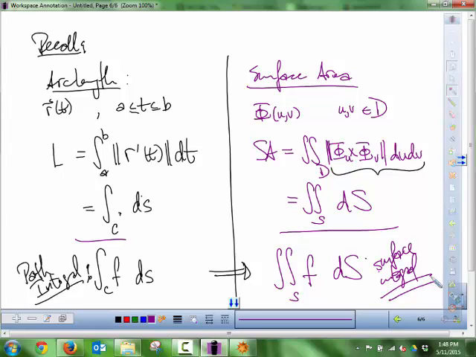So geometrically, this is hard to visualize, because integrating a function over a surface means you have a two-dimensional thing in 3 dimensions, and then you're integrating another three-dimensional function f out of there.